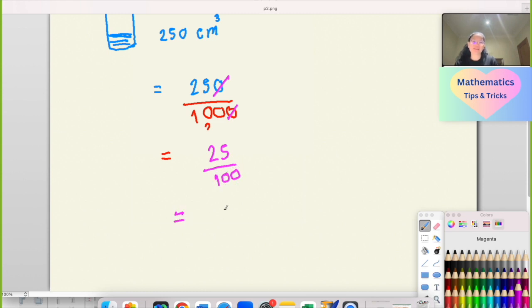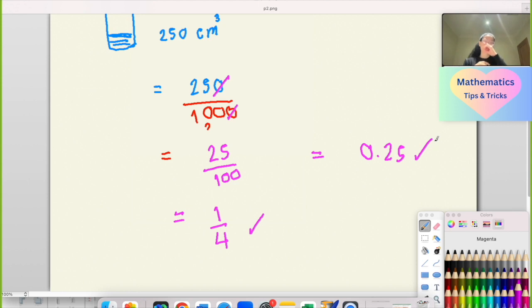So it is equal to 1 over 4. Or another way, you could answer 0.25 as well. I thought you learned some of this at school.